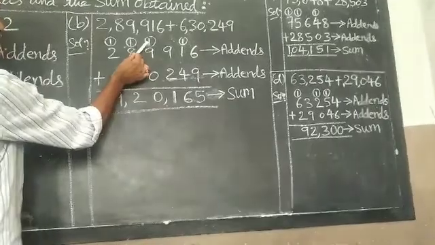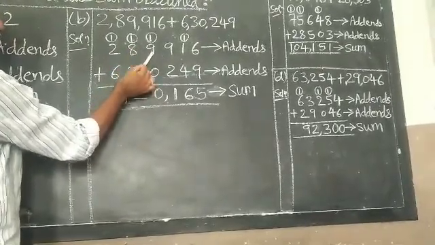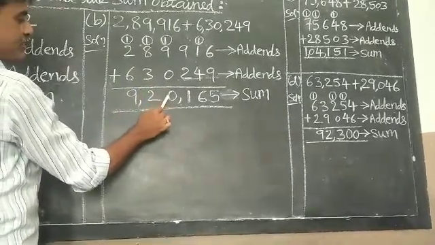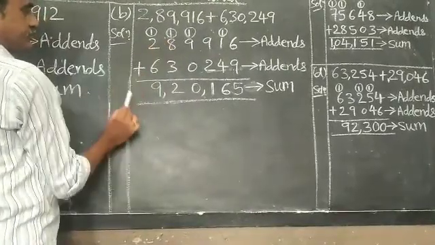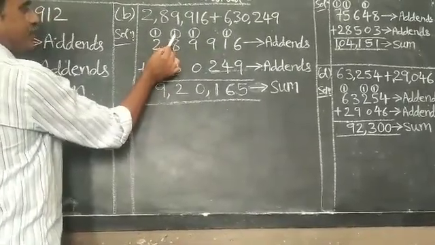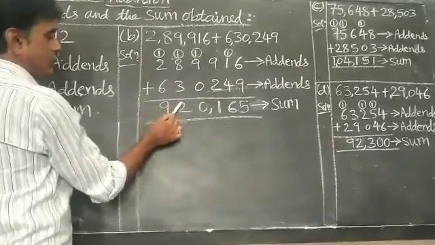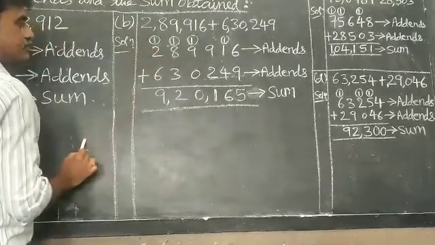Afterwards, this side number you have to add. 1 plus 9, 10. 10 plus 0, 10 only. So 10 means 0 write down and 1 carry. Next, 1 plus 8, 9. 9 plus 3, 12. 2 write down and 1 carry.